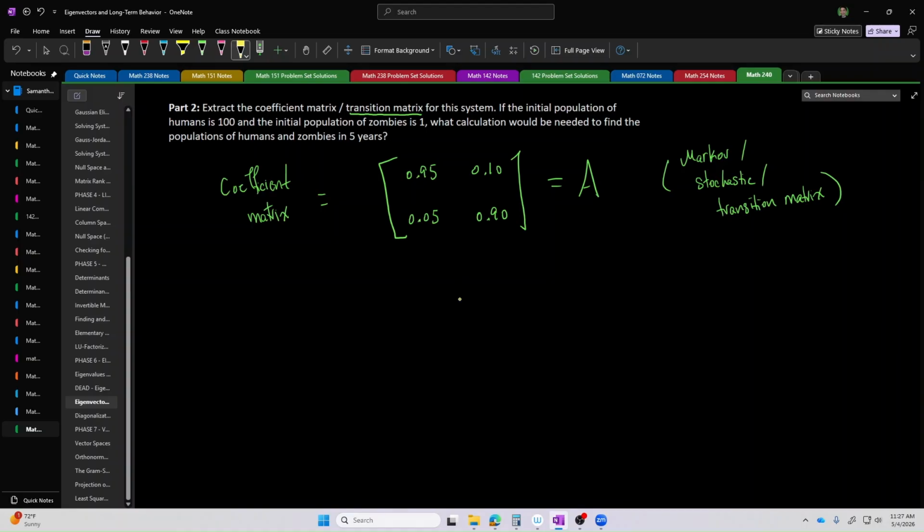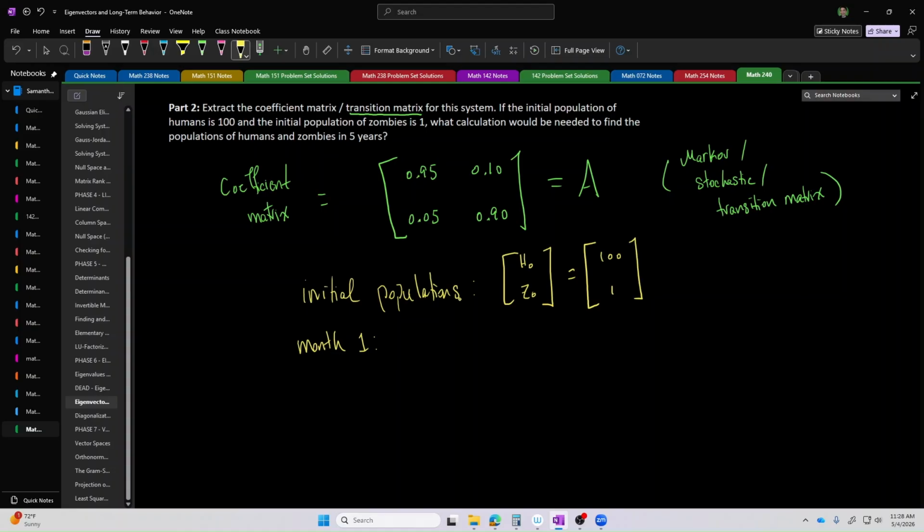So our initial populations, which I might call H sub 0, Z sub 0, would be, based on the data provided, (100, 1). If I wanted to figure out what was happening in month 1, I would have to take this initial state and multiply it by the transition matrix one time. So I would have A times (100, 1), and that would give me what's happening in month 1.